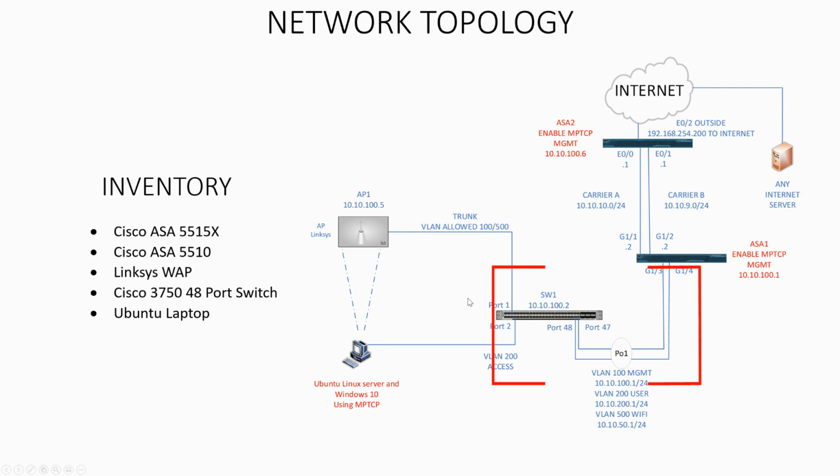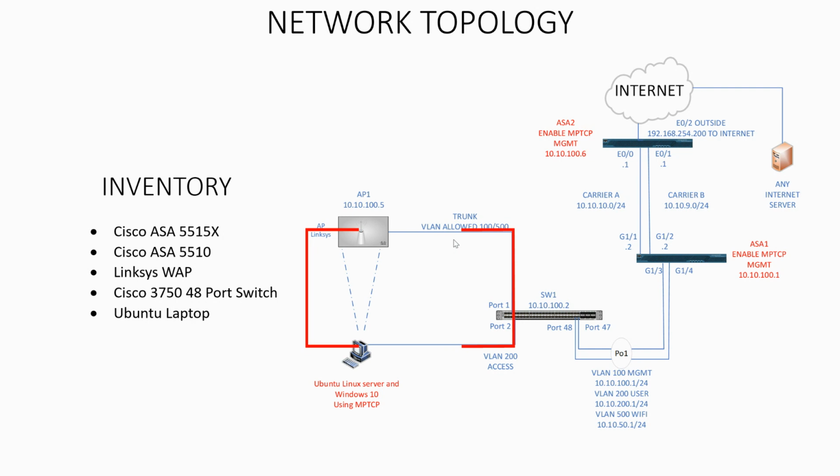The ASA essentially, as mentioned, will provide layer 3. It's a layer 3 gateway, and what it's used for is to push ingress and egress internet traffic outbound and inbound.